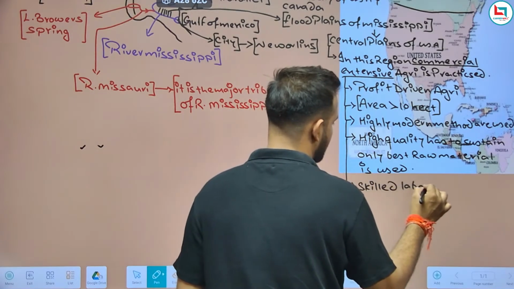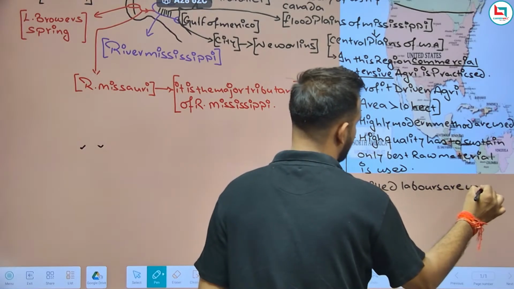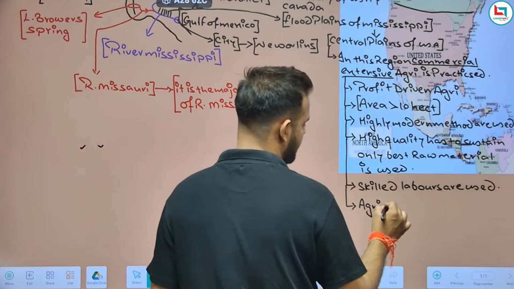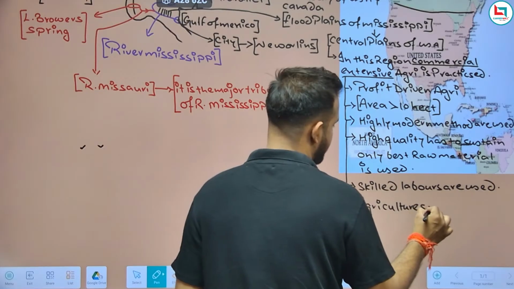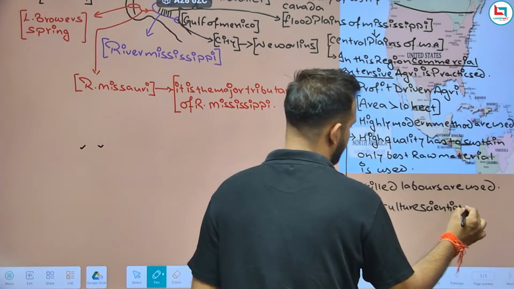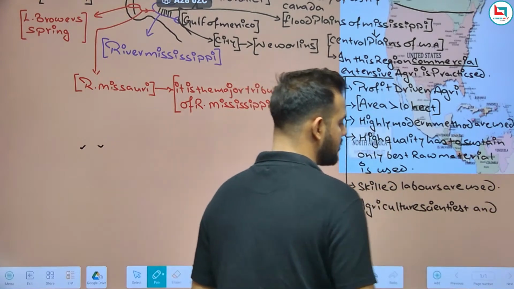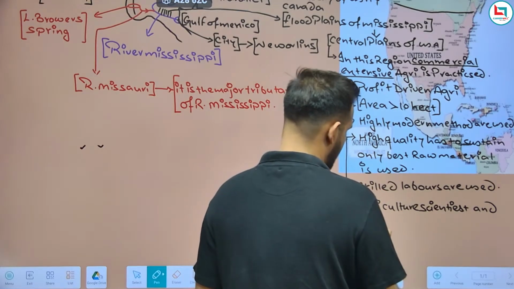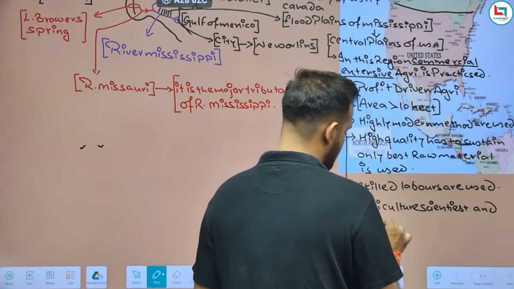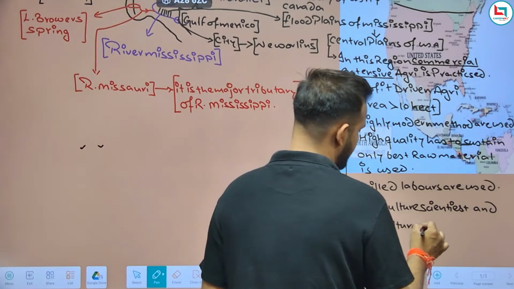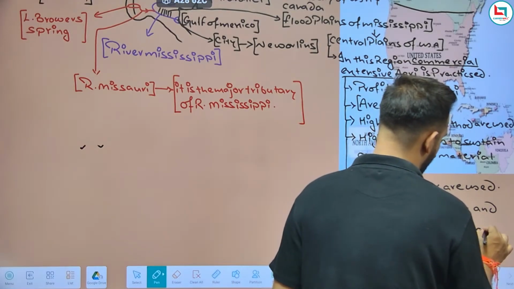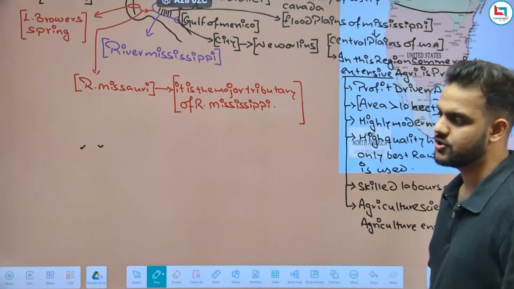Agriculture scientists and modern methods and agriculture engineers are used. Okay, agriculture scientists, agriculture engineers, they are being used.